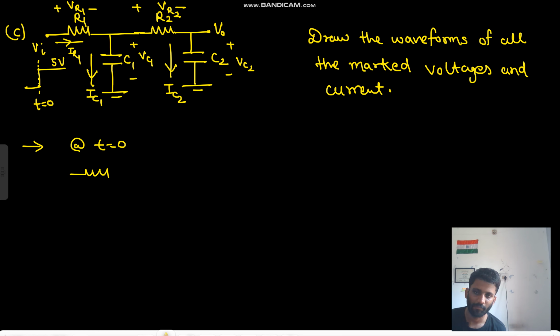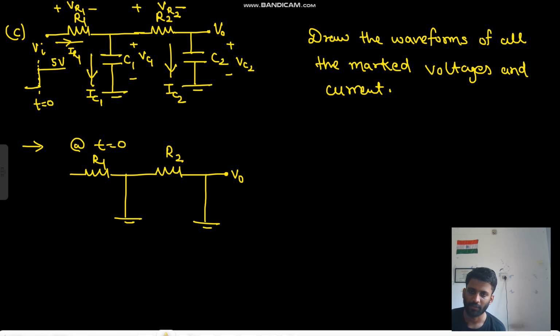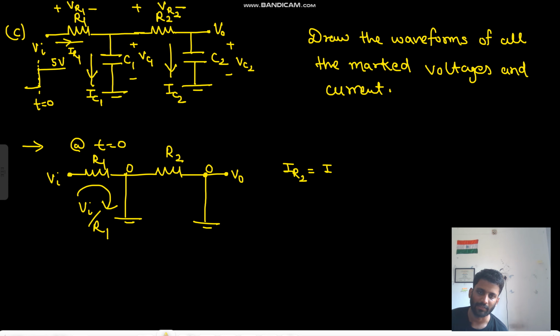At t equals 0, this is the circuit. Capacitors are short circuited. This is R2, this is R1. This is V0 and this is Vin. The current is Vin by R1. This is at 0 volt, this is at 0 volt. Here your IR2 equals IC2 equals 0.